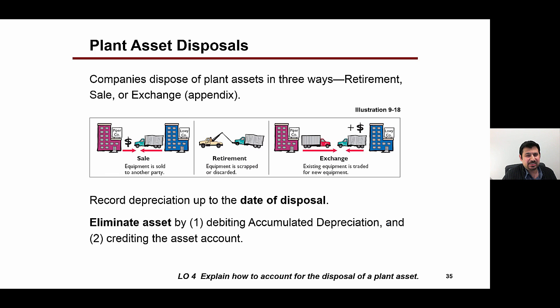This is where, for example, if the truck is at the end of its useful lifetime, after it served 10 years, the company can still sell it and get something out of that. And the third is exchange of those assets. So basically, they can exchange it or trade it for another product. It's like a trade-in or something like that.